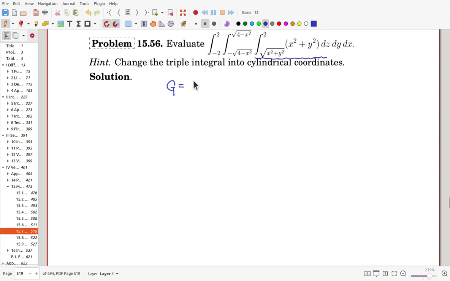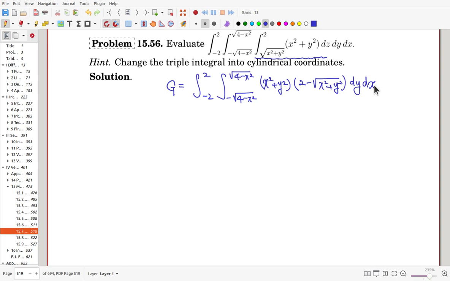It goes from -2 to 2, then from minus square root of 4 minus x squared to square root of 4 minus x squared, and the integrand is x squared plus y squared, with length 2 minus the square root of x squared plus y squared, dy and dx.